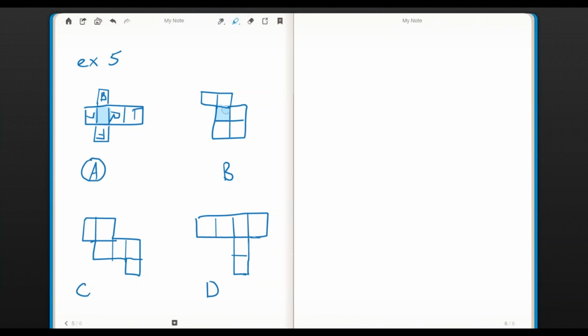Whichever one you try to make the base out of, okay, that could be the base, that's fine. And then this could be the back, and you could just kind of swirl this around to be the left side. And this could fold up to be the right side, and of course this could be the front, but the problem is that this top one, when you fold this up, these 2 won't really fold because this is in the way, right?